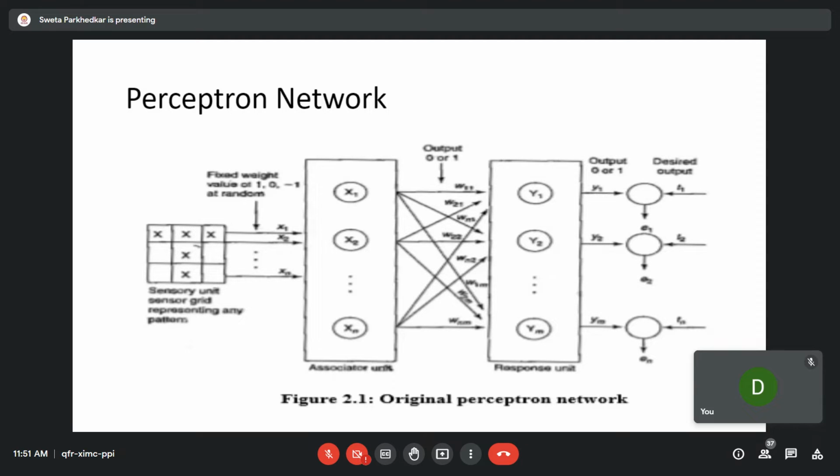So all these 400 photo detectors will be activated, and the cross that is visible will consist of a black and white pattern. The cross is black, and the space is known as the white pattern.